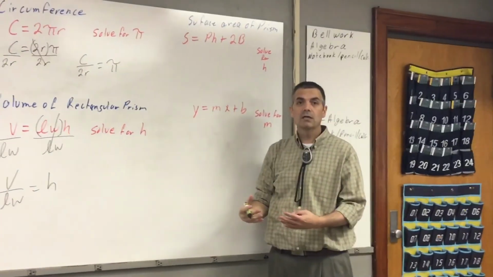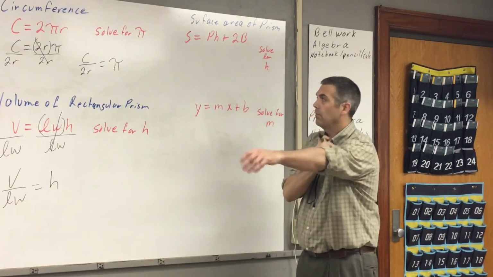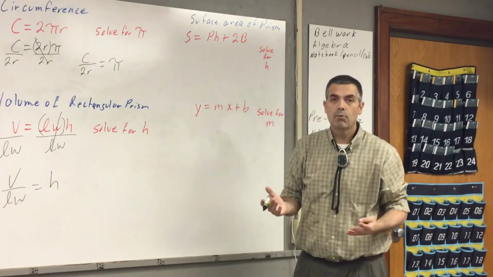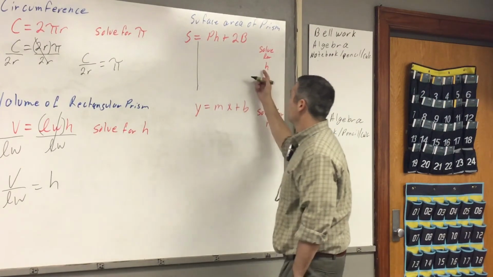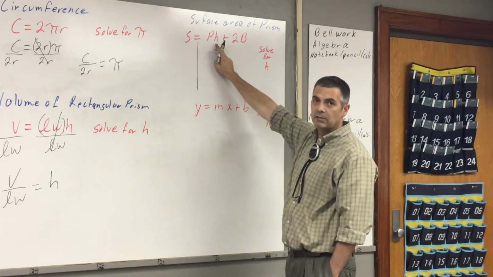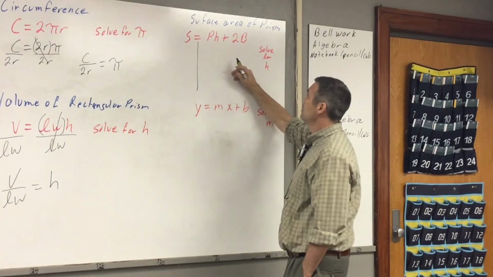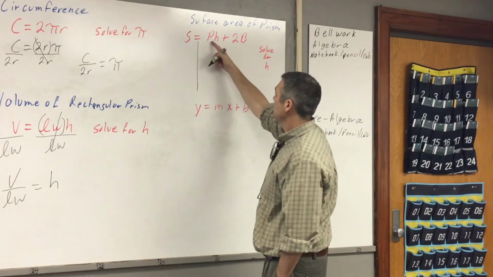Right? Surface area of a prism, solve for h. Now it's starting to get a little bit more complicated. You have a few other things involved, but it's still the same process. All right? Draw your line, locate the variable that you want to solve for. So we want to solve for h. So undo the thing that's furthest away from it. Well, that's multiplication.